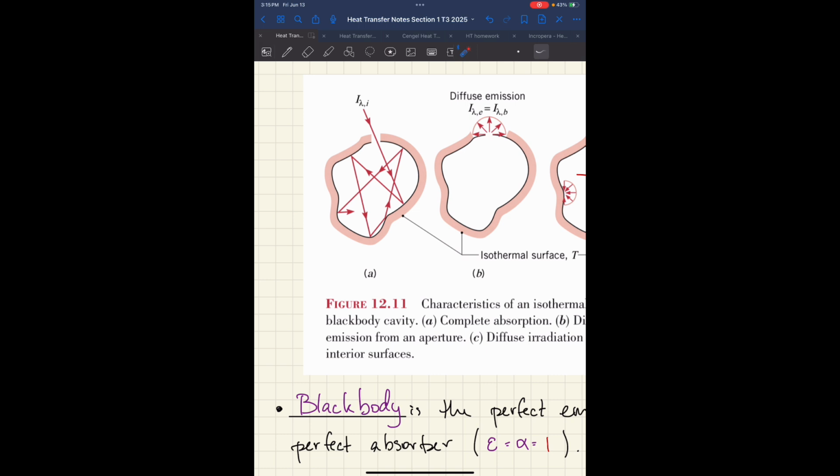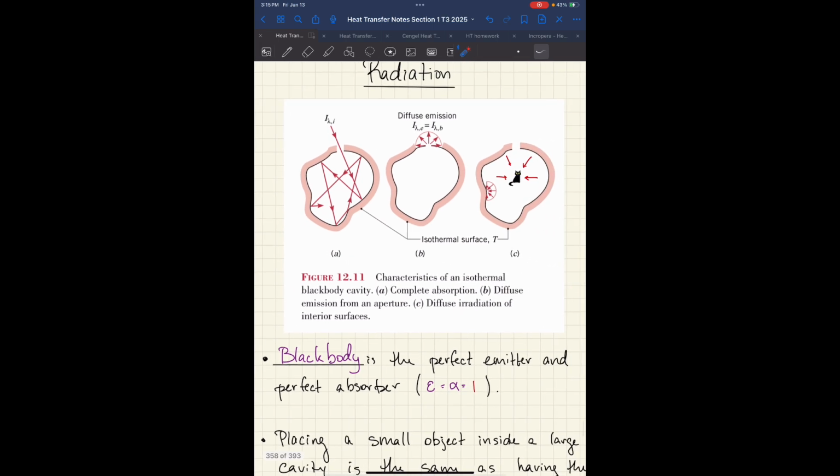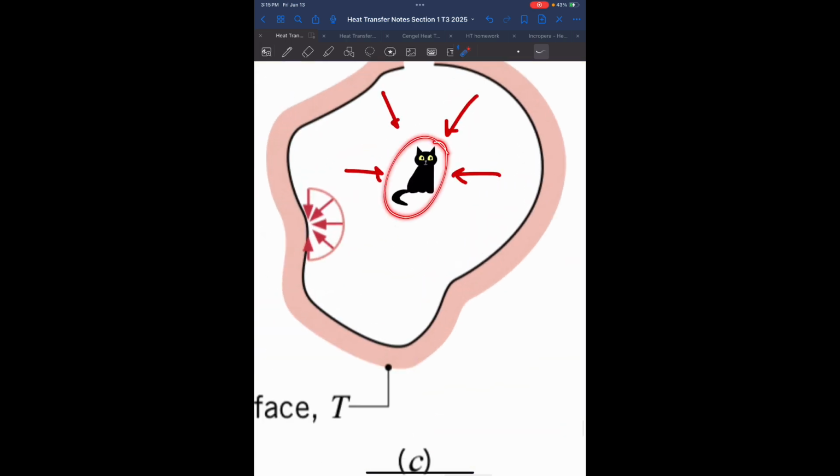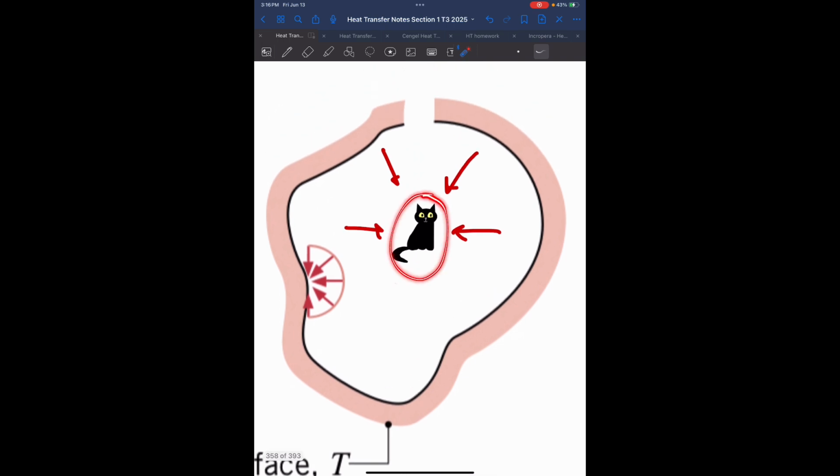Because this object is absorbing all this radiation, it's also constantly emitting radiation. So not only is it absorbing everything, it's emitting everything as well. The reason I use this picture is the concept that if we take an object of interest, say for example our cat, and put it in the large cavity, we can say that the cavity is a black body.